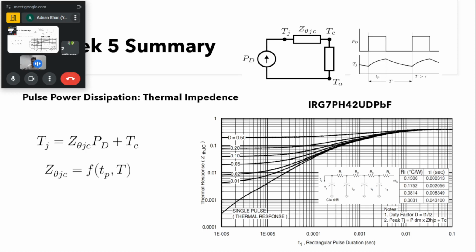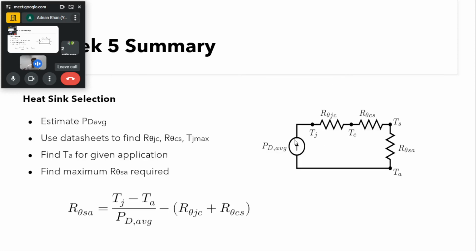And if you know the case temperature here, then we can calculate this junction temperature. This is in the case where we have switching time greater than the time interval of this thermal network. This was about the graph.